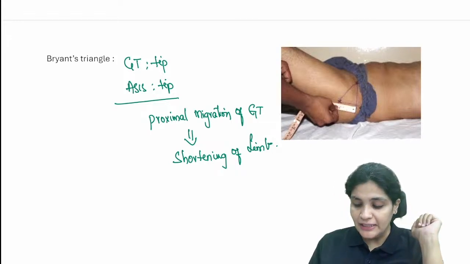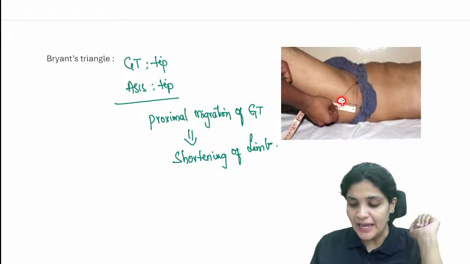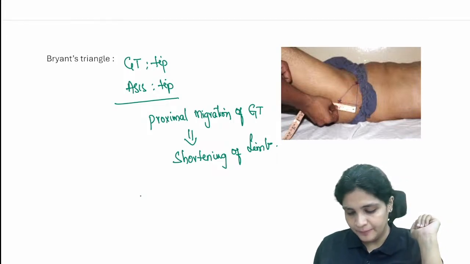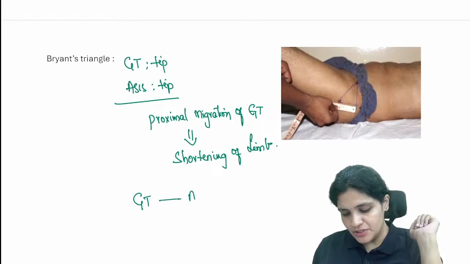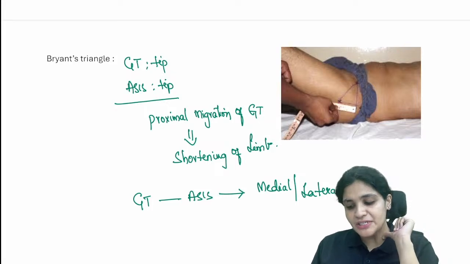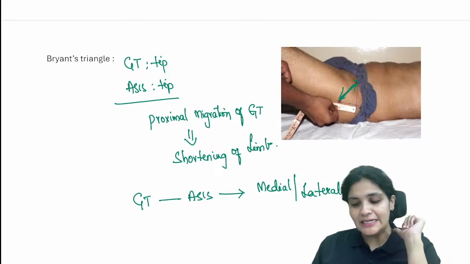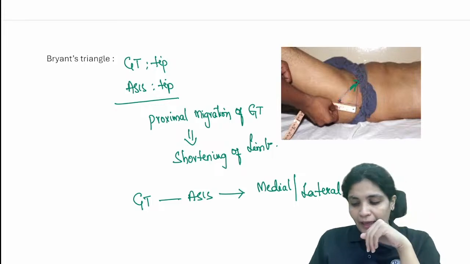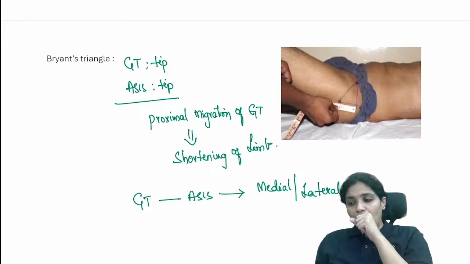And whenever you see that the distance between your GT and ASIS is decreased, so this line I'm talking about, the line between GT and ASIS will tell you whether it is medial rotation or lateral rotation. Whenever the distance is decreased, that means it is internally rotated. Whenever the distance is increased, that means it is externally rotated.